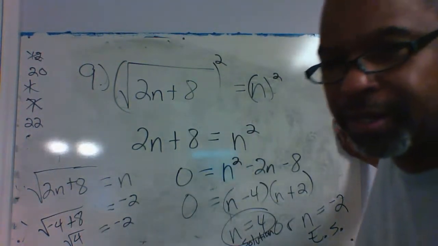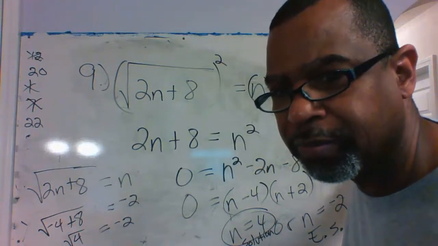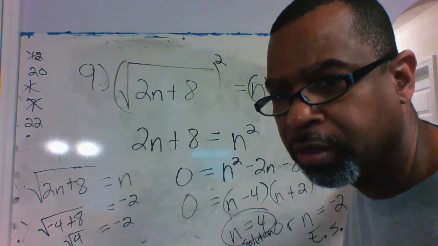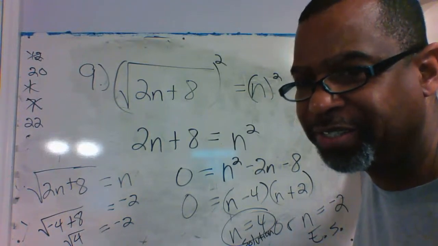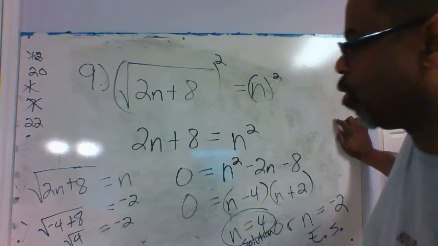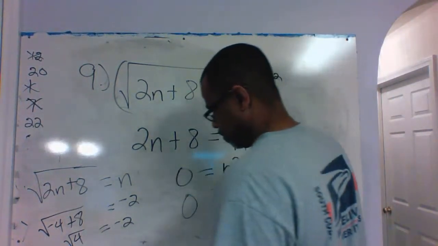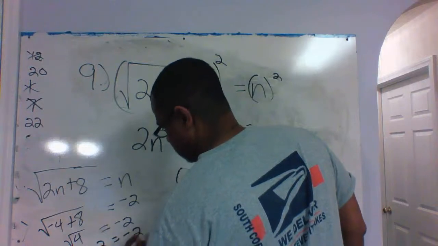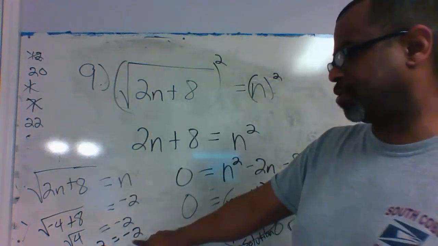So we get number 9. Number 9 makes sense. What? Are you serious? No, man. Look. Abu, you can't do this, man.